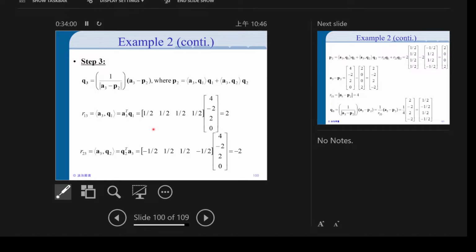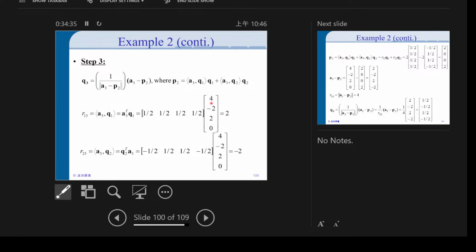Then we have R13, which is A3 on Q1. Once again we do this inner product. We actually write this inner product in the other direction, although the inner product is symmetric, so it doesn't matter.